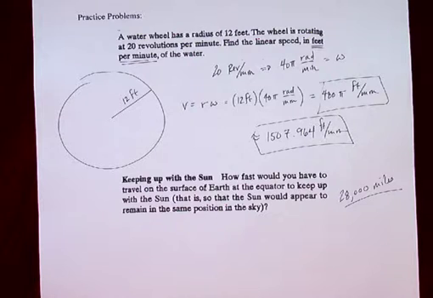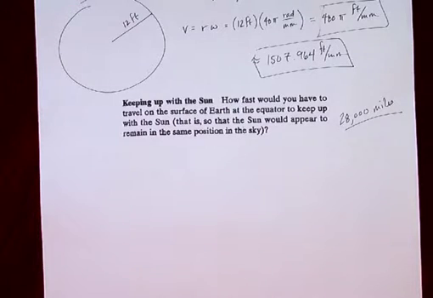But we know that 28,000 miles represents the arc length, right? It represents the circumference around the equator of the Earth. And we travel that, of course, that basically goes around every 24 hours.